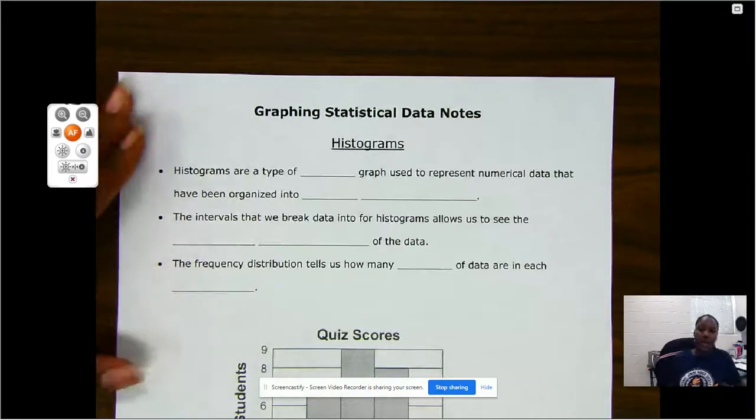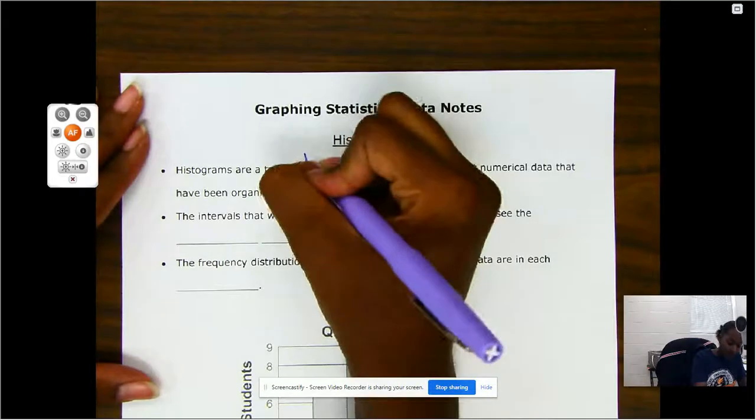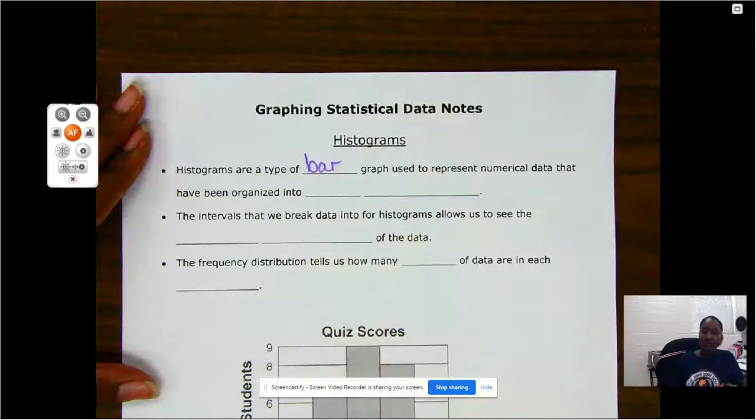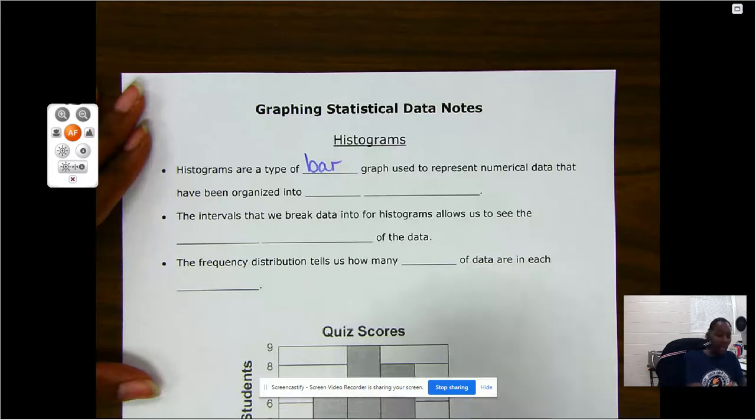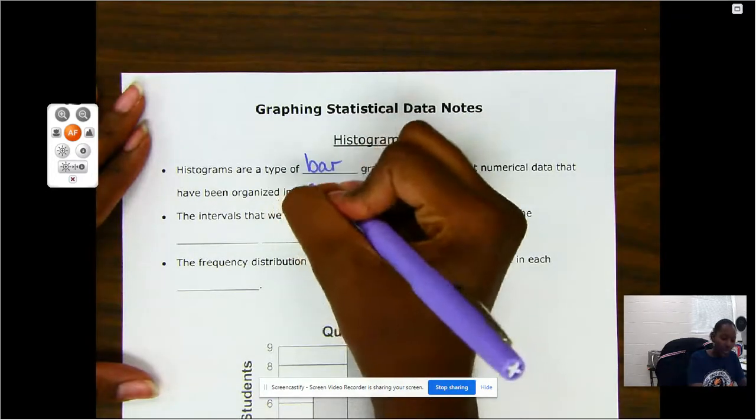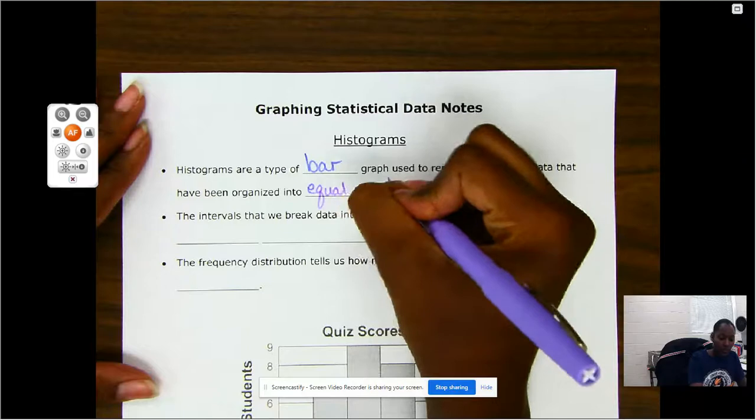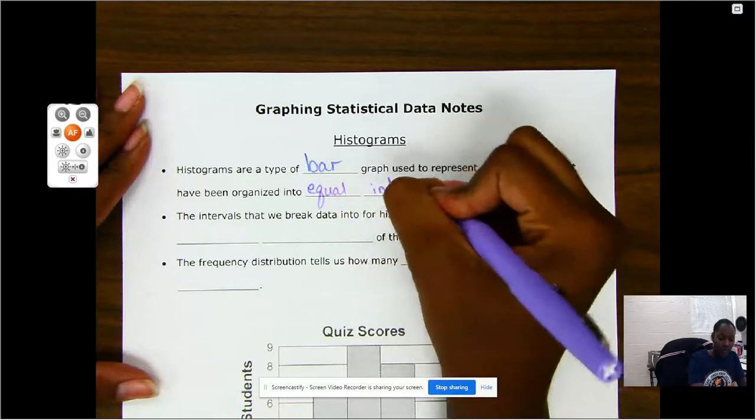All right, histograms are a type of bar graph used to represent numerical data that have been organized into equal intervals. And I'll explain what intervals are in just a second.